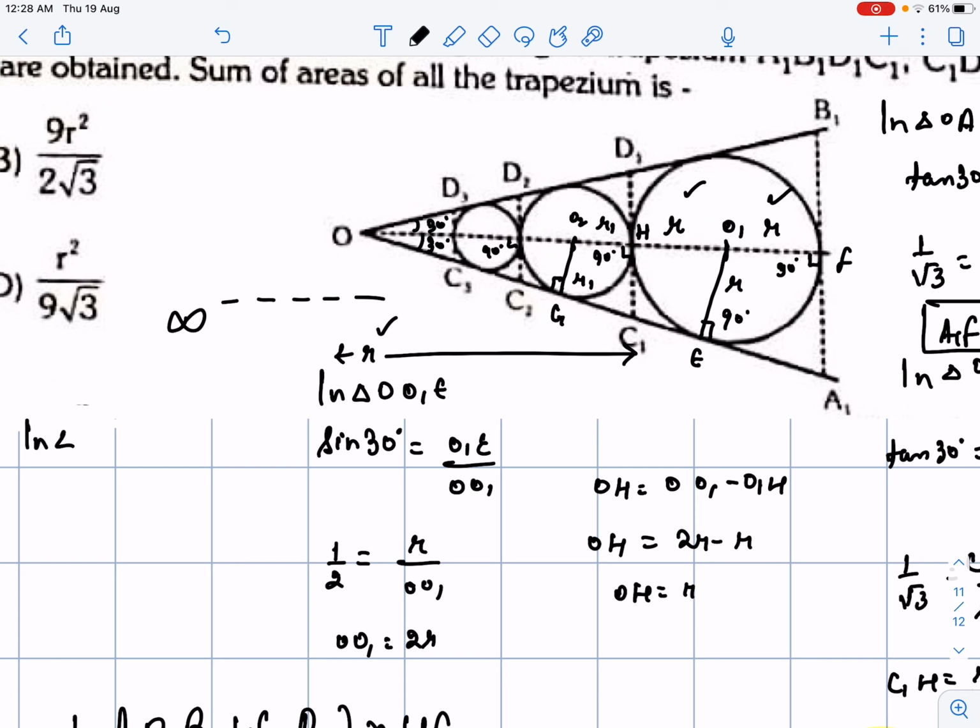Now in triangle OO2G we will be going to consider to get the value of small r1, will be writing sine of 30 degree, that will be becoming perpendicular as small r1 upon hypotenuse as r minus small r1, that is 1 by 2 is equal to r1 upon r minus r1.